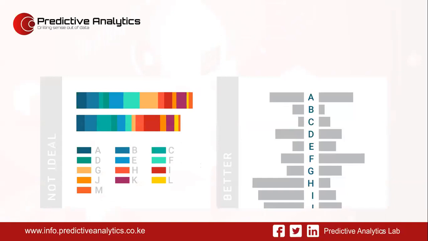Here again, as an example on the screen, you can see what is not ideal and what is better. In the first one, it's very confusing, from A, B, C, D, all the way to L. There are so many colors that you are not able to quickly distinguish the difference unless you go consulting the key. What you see here is called the key or the legend. It's called a legend in Google Charts; some tools call it a key.